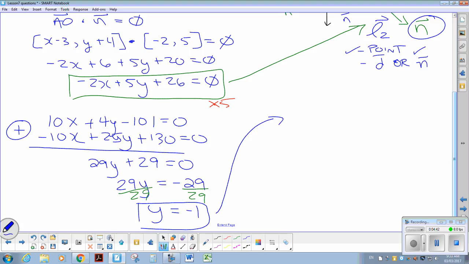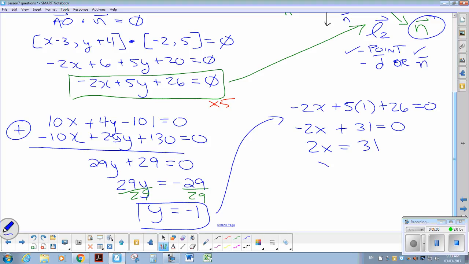Let's find our x value. I'm going to use the -2x plus 5y plus 26 equals 0. So -2x minus 5 plus 26 equals 0. So -2x plus 21 equals 0, and 2x equals 21.